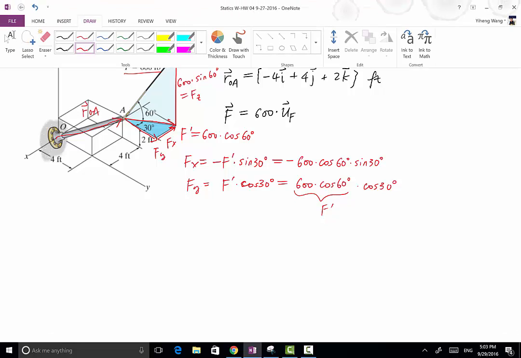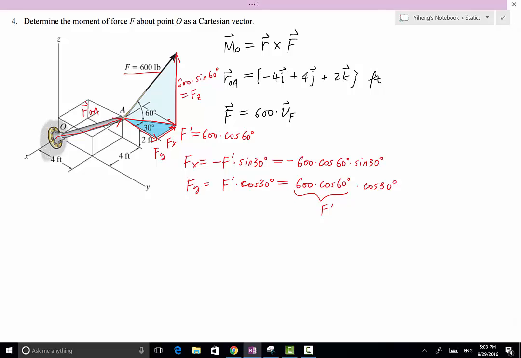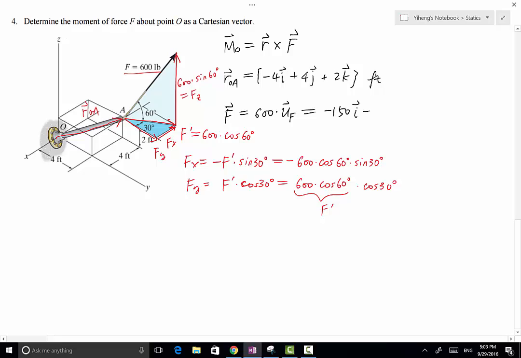So from here, we can determine the x, y, and z components of our force F. Therefore, we can resolve it into a Cartesian force vector. That will be negative 150, that's Fx i, plus 260j, that's Fy, plus 520k, in the unit of pounds.